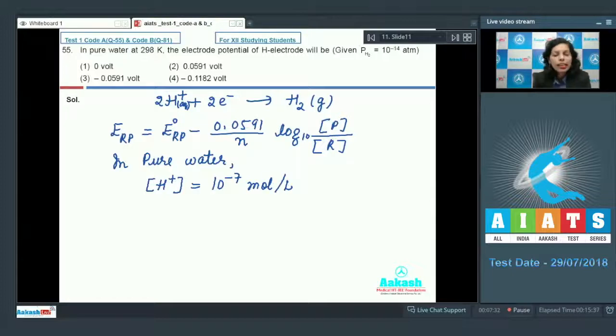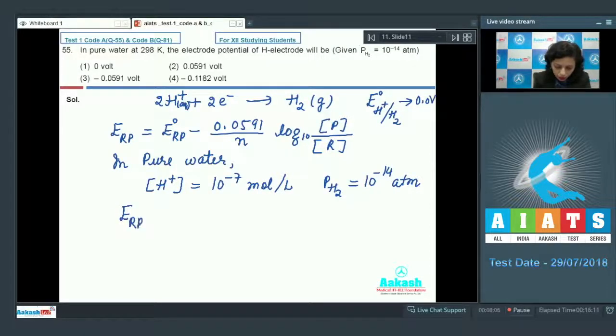mole per liter. Now if we have this value, we have the pressure of hydrogen also, that is 10 raised to the power minus 14 atmosphere. It's given in the question, as well as we already have the value of E naught for the hydrogen electrode, that is 0 volt. If we have all these values, we can easily place here that E is equal to 0 minus 0.0591 upon the number of electrons, which is 2, log.